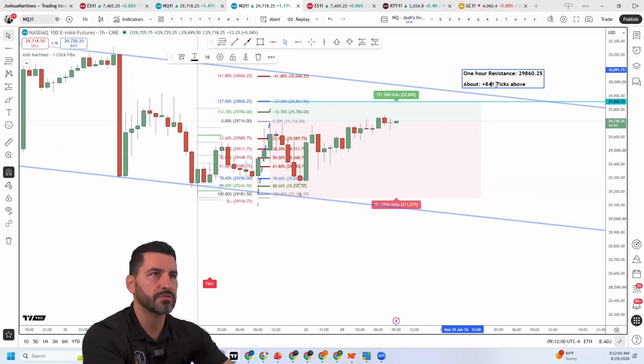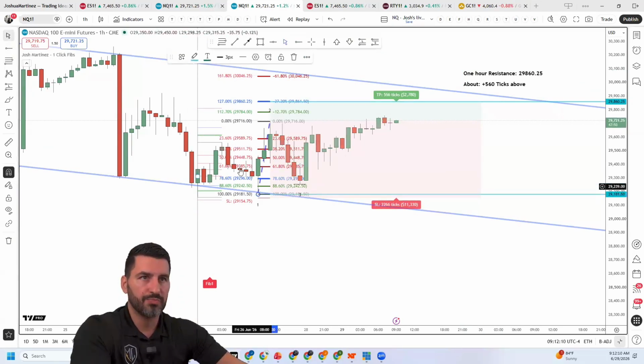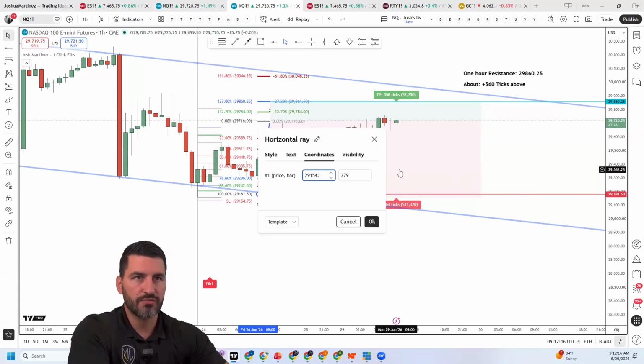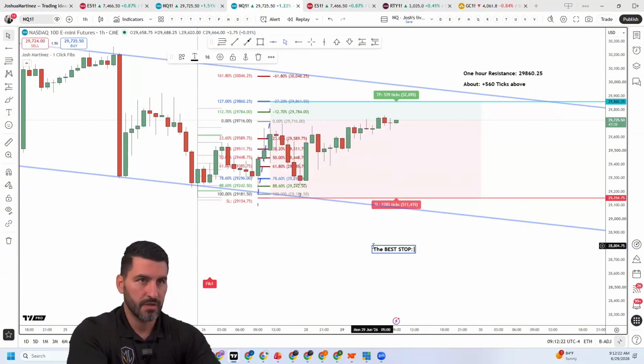This is about 560 ticks above the market. The best stop would be below the Fibonacci 1, and that's going to be 29154.75. So the best stop will be 29154.75.